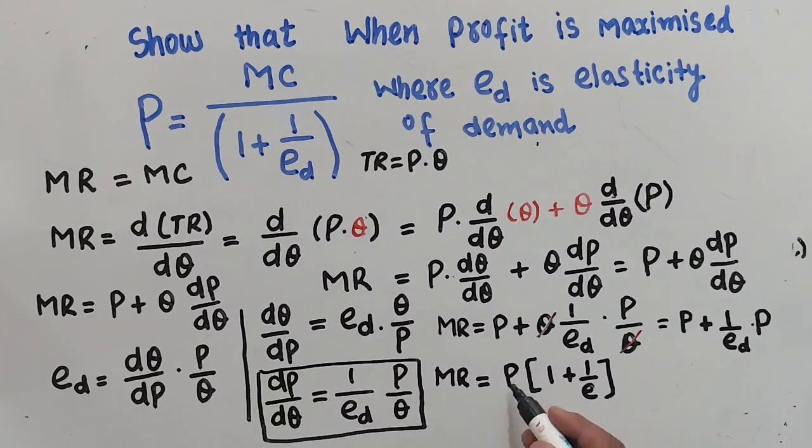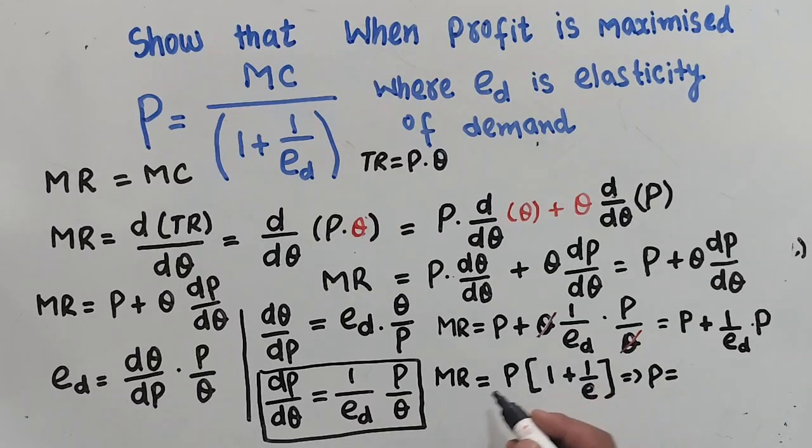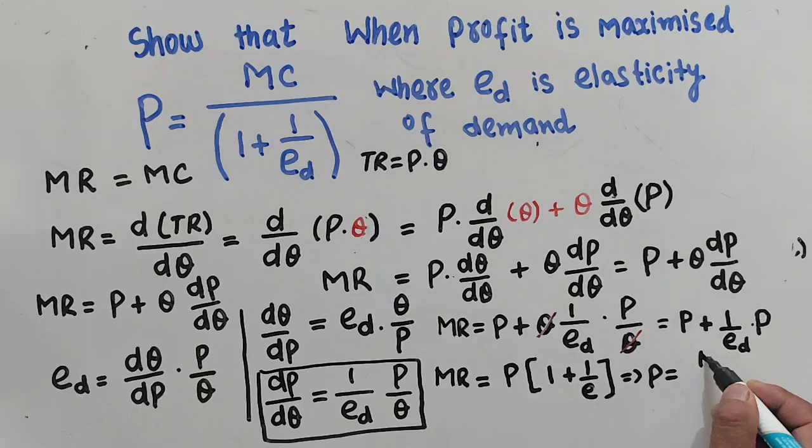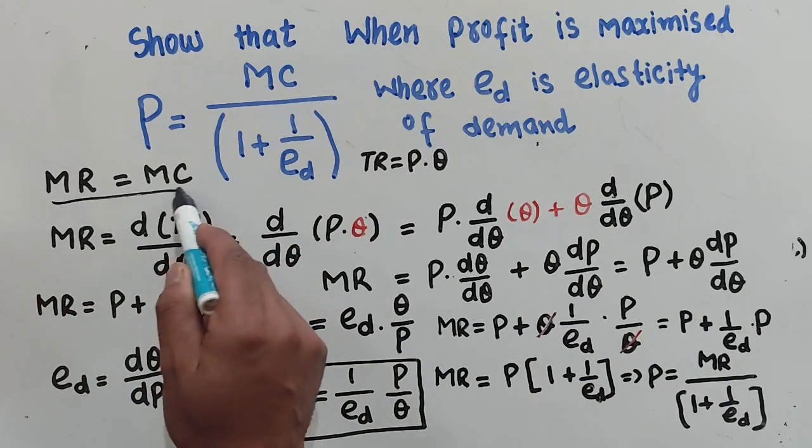Or we can solve it for P, which implies P will be equal to marginal revenue divided by 1 plus 1 upon elasticity of demand. But we know that profit is maximized when marginal revenue is equal to marginal cost.